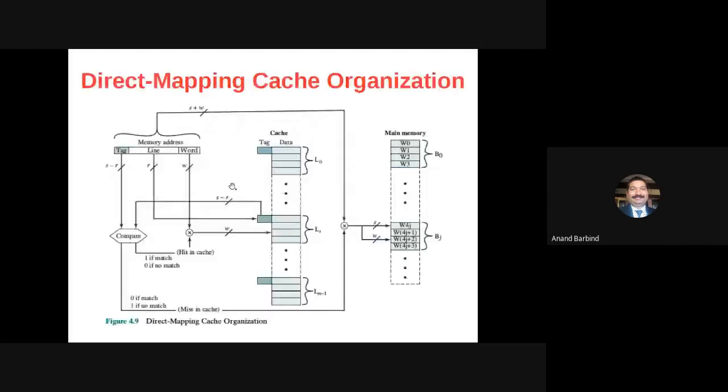So how does the CPU do this? You can see that the main memory, as you know, is divided into a number of blocks.